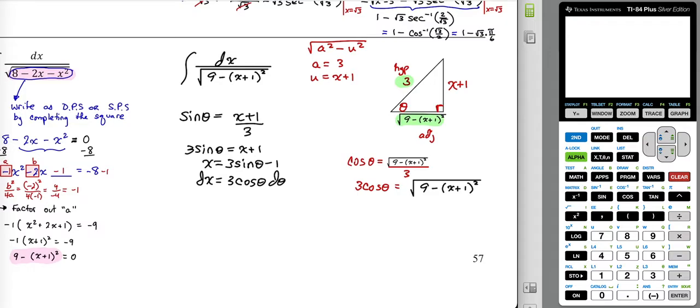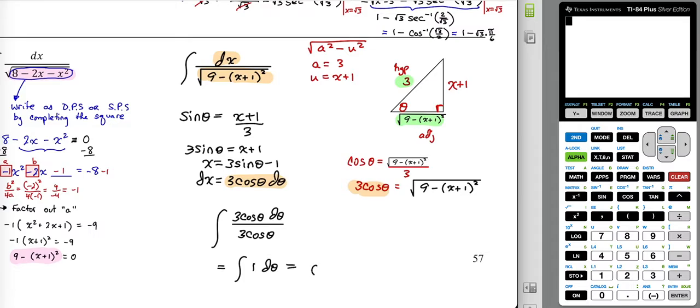And that would be 3 cosine theta replacing this, and 3 cosine theta d theta replacing that. All right, so it's actually a pretty nice looking situation. So we have 3 cosine theta d theta over 3 cosine theta, which is going to give us a 1 d theta.